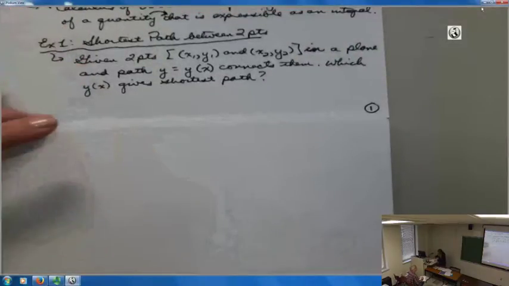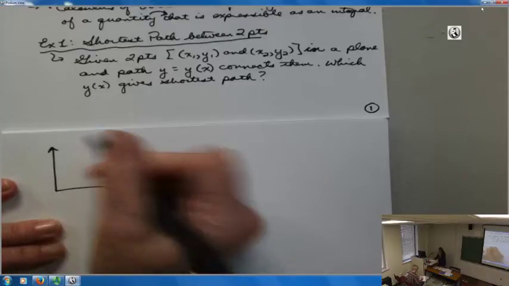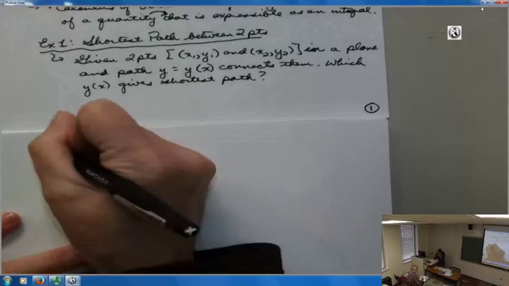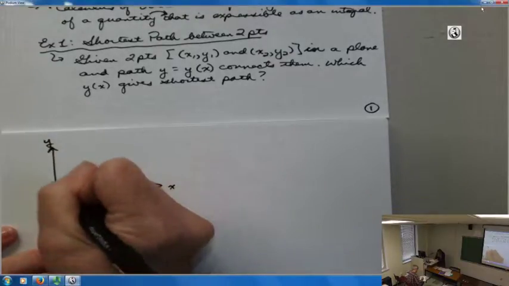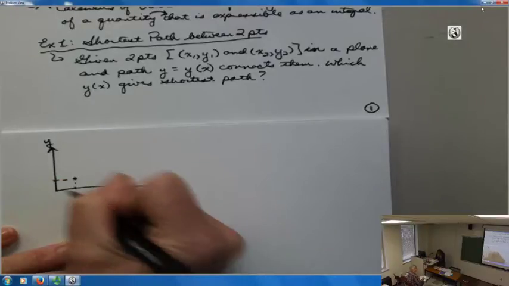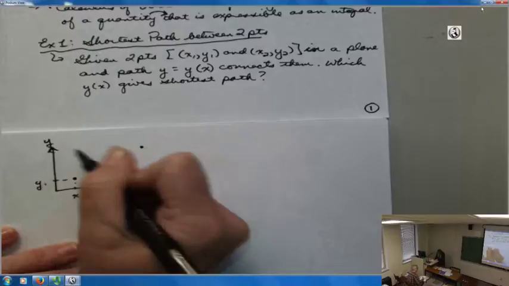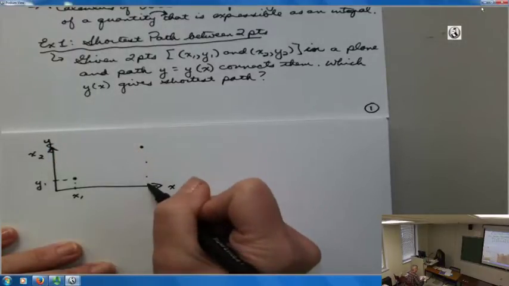I'm going to draw a figure. All right, so I've got my x direction, my y direction. I'm going to start here, x1, y1, and wind up here, x2, y2.